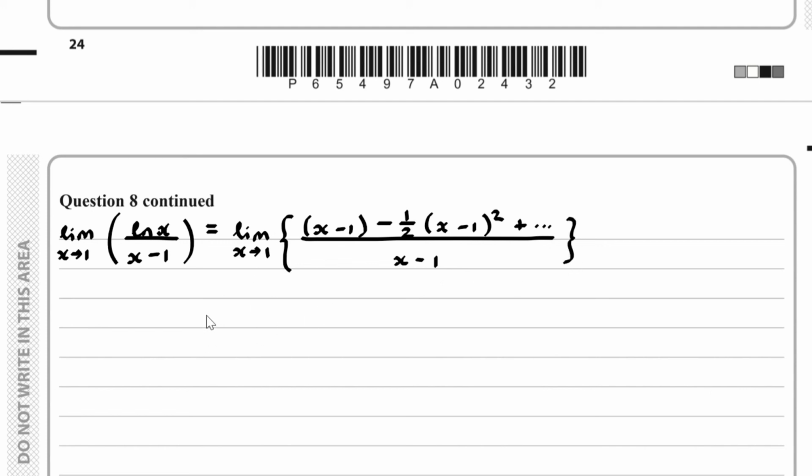So I've got the limit as x tends towards 1 of 1 minus x minus 1 over 2.